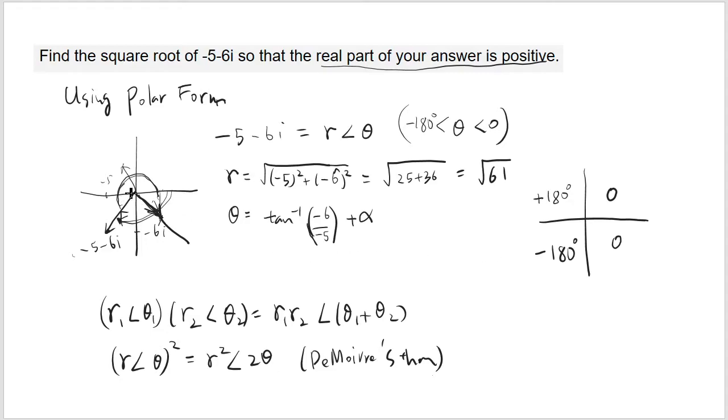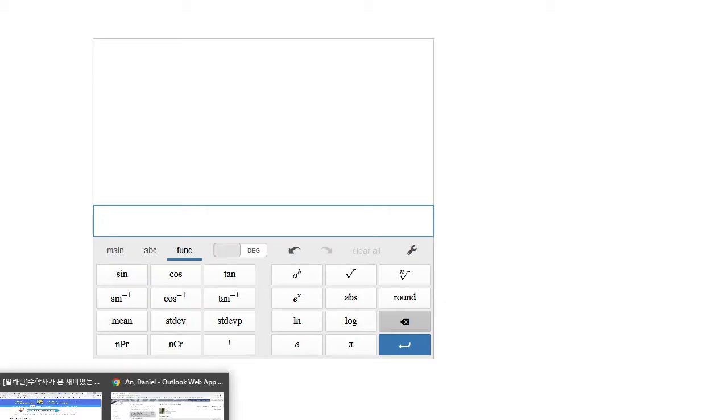Since our number is in the third quadrant, we should be subtracting 180 degrees from the tangent inverse. So what we need to do is tangent inverse, negative negative cancel, so it's 6 over 5, which is 1.2, minus 180 degrees. We have to figure this out by using a calculator.